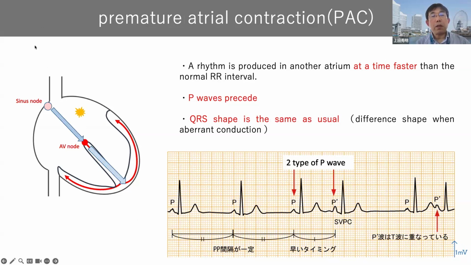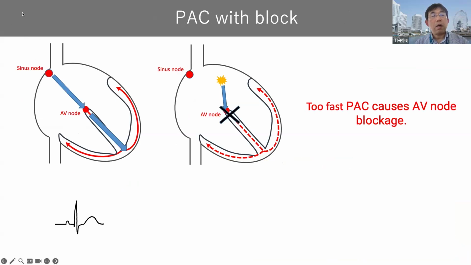Another picture is the premature atrial contraction, PAC. This is the picture of a PAC with block. As you can see, usually the sinus node passes the electrical signal to the AV node like this.